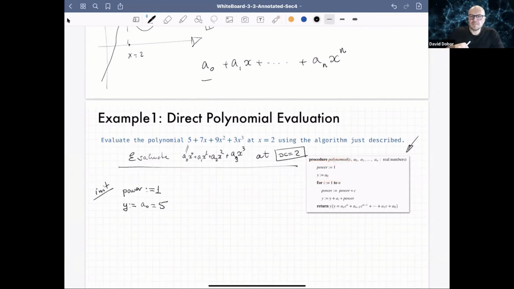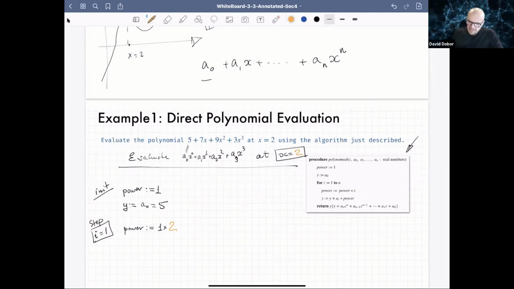Now I drop into the for loop, and I equals 1 is the first step of the for loop. When I get into the first step of the for loop, my power gets updated to whatever power was times c. What is c? C is where I'm evaluating. Let's give it a different color so that people are on the same page here. Let's go with orange. So times 2. I'm evaluating this at c equals 2. So power gets that. This is the step I just did.